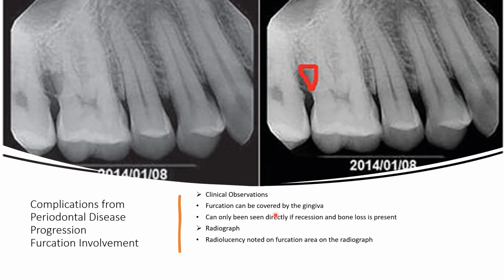They can only be seen directly if there's recession and bone loss. Otherwise, you're going to have to see them radiographically. So here they've placed a triangle there so you can see where that furcation is, but if you view the other side of this x-ray, it's the same x-ray. You can see the roots here where that indentation of the furcation is.